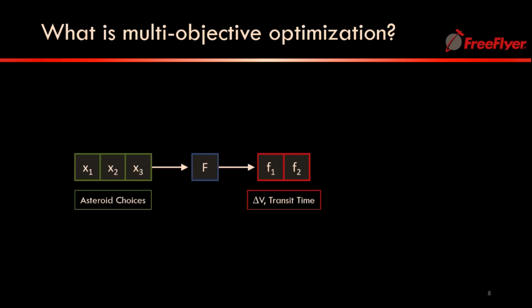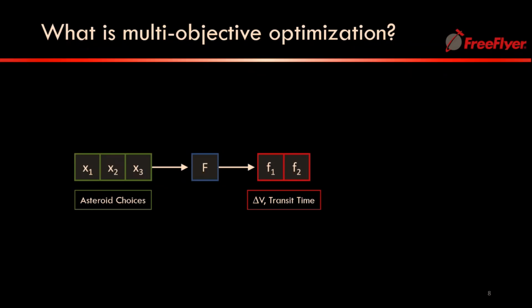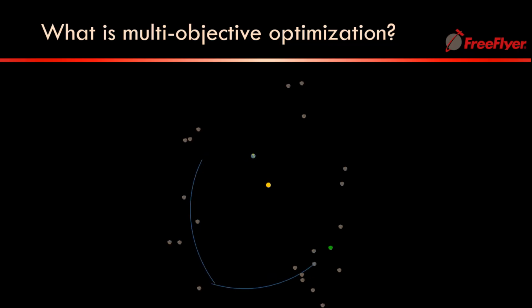So we have our asteroid choice variables, and we have delta V and transit time objectives. And we need some function that is going to transform the asteroid choice variables into those objective values. The way that we're going to do this is we're actually going to use a subsidiary local optimizer to solve the transfer leg problem for each iteration of the multi-objective optimizer.